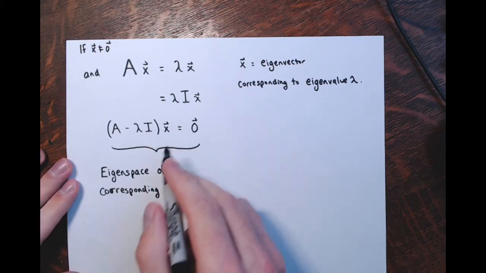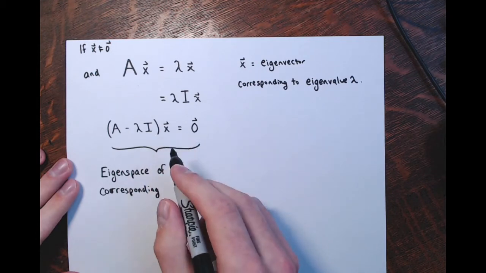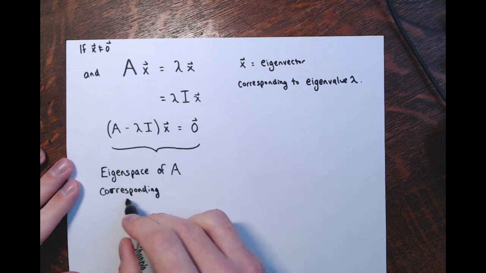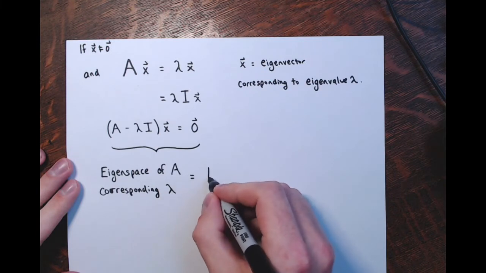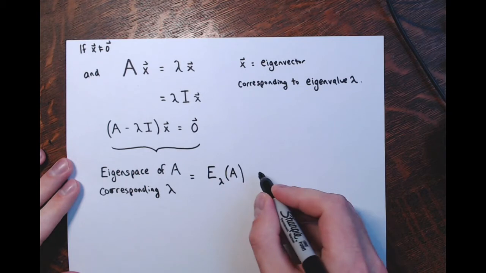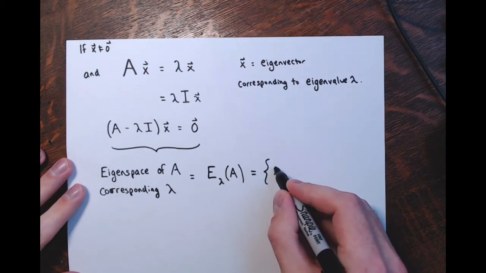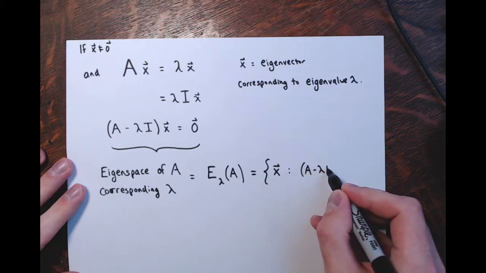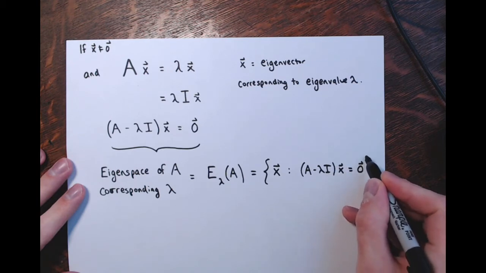All the solutions to this equation, A minus lambda I times x equals 0, all the vectors x that make that true. So the eigenspace of A corresponding to lambda, which is this, E sub lambda of A, is the set of all these solutions. It's all these vectors x such that A minus lambda I times x equals the 0 vector.